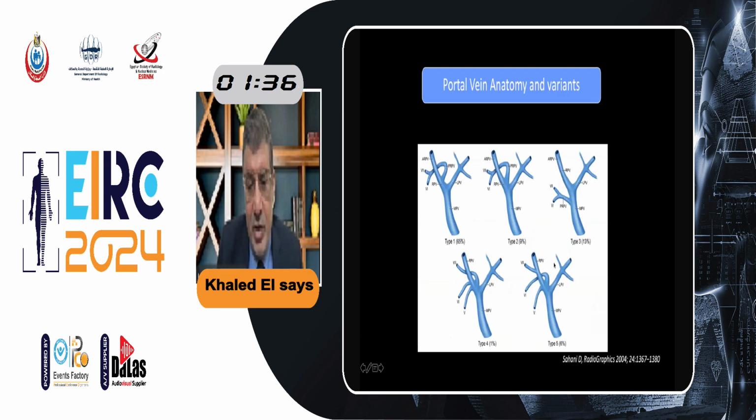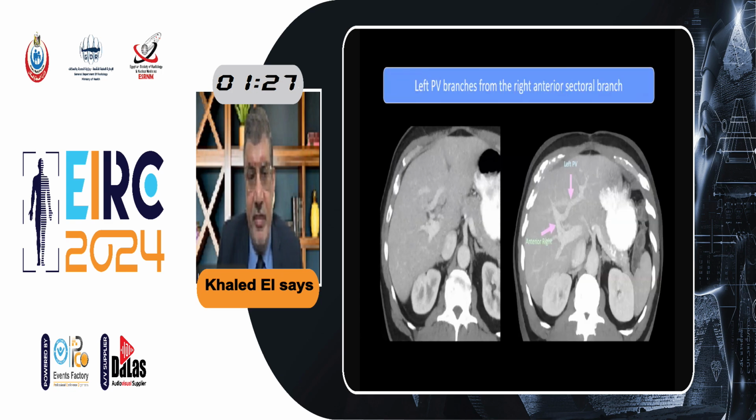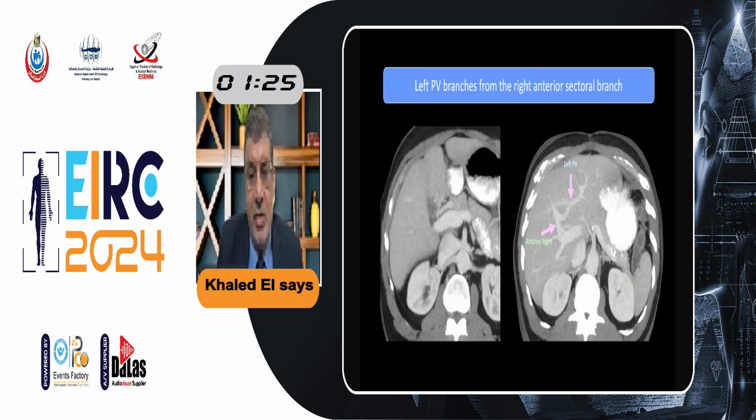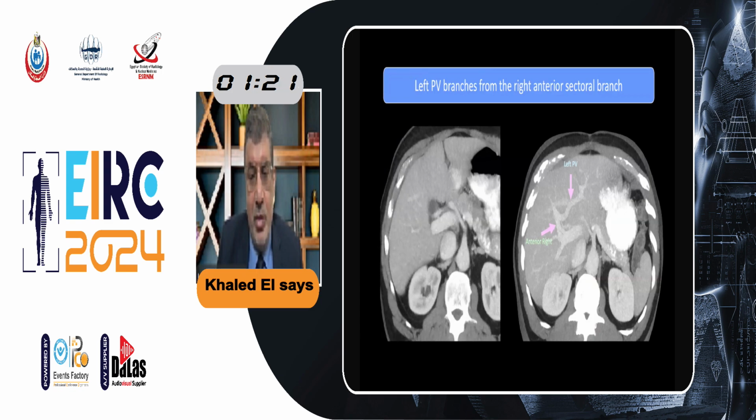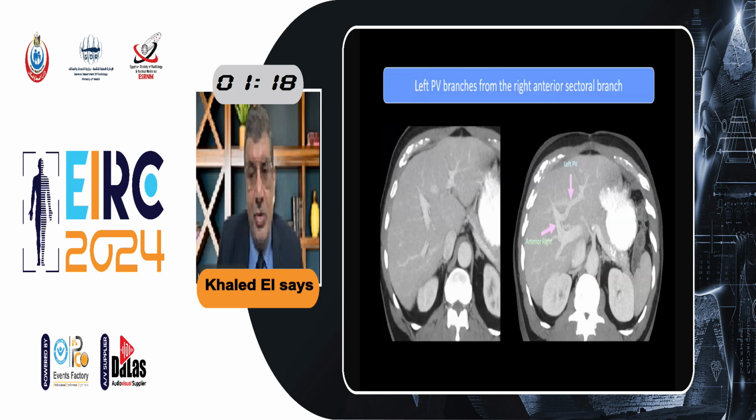But you can have several other portal variants, like 35% of the portal supply will have variants. And those are some variants here. You need to depict these and you need to mention them to the surgeon. The same thing will happen if you don't mention them.